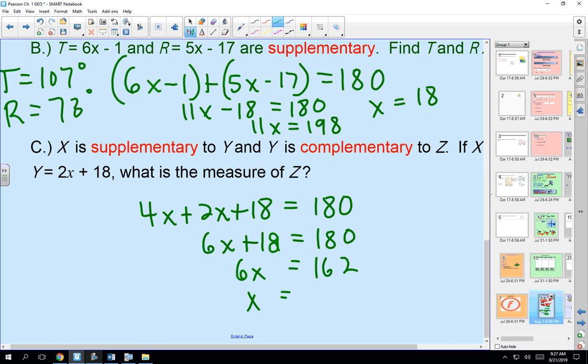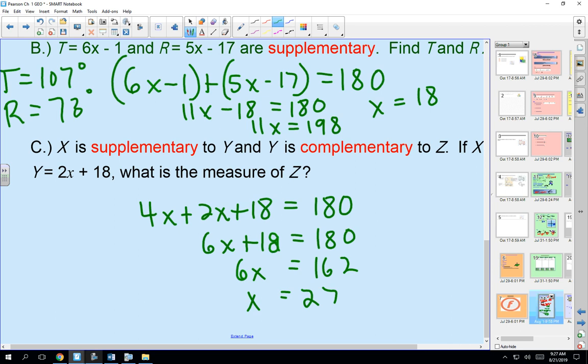6 goes into that twice. Oh, 42 left over. 7. So x equals 27. And it says, what is the measure of c? So c is complementary to y.